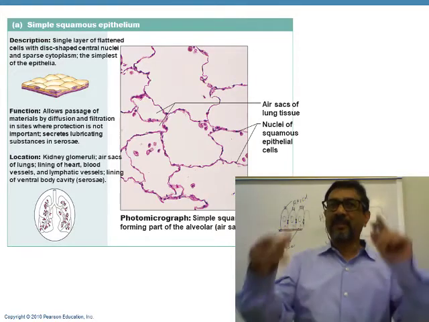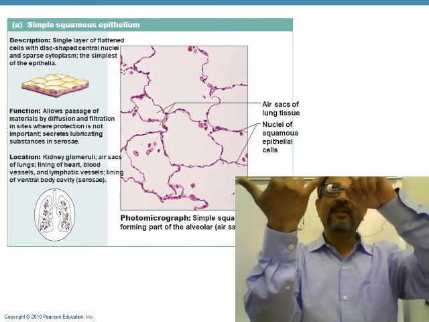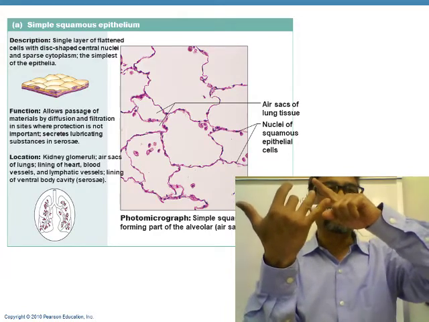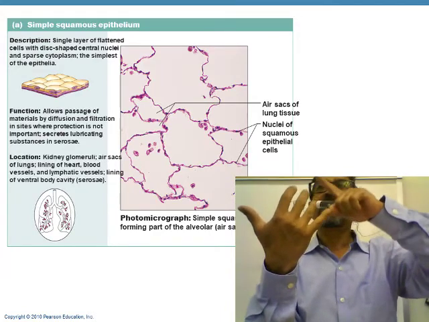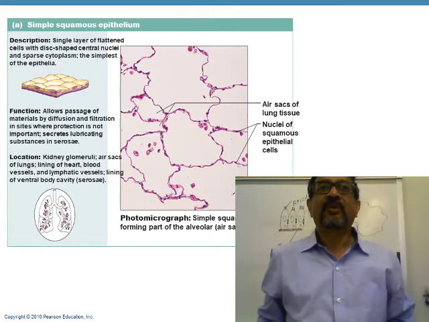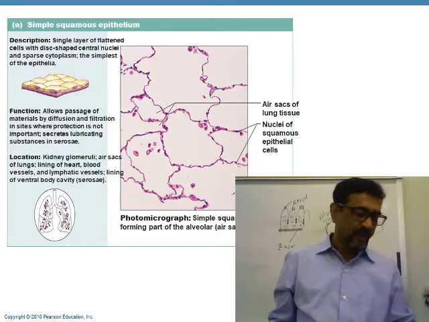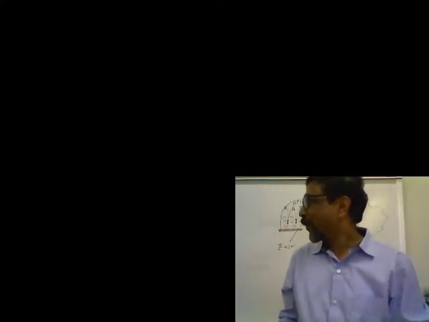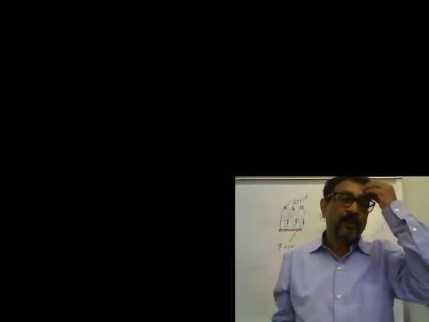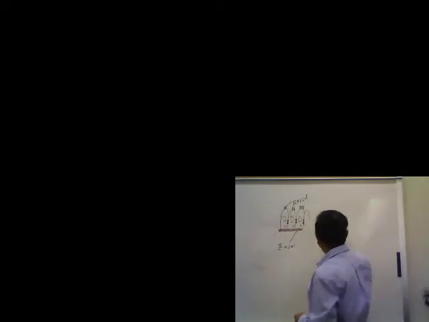So how many have I mentioned? Can you repeat? Okay, go ahead. Inner lining of blood vessel, inner lining of heart, right? Wall of the alveoli and capillary wall, right? So just remember those four locations where you will find simple squamous, very thin layer. Just for your information, inner lining of heart and blood vessel has another name that is called endothelium.